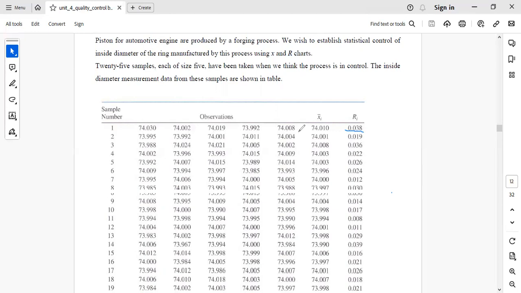Which one is the largest? 74.030, this one, the first one.